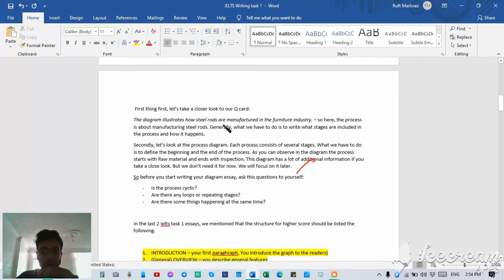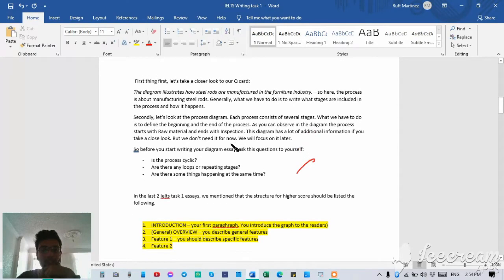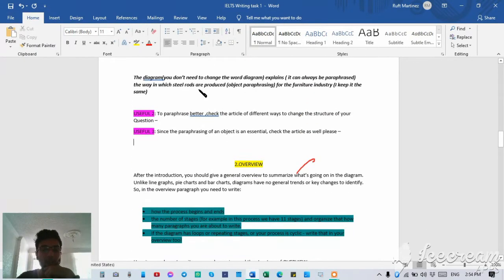It is an object, starting with a wh- question word. So that's how I changed it. I used the way in which steel roads are produced. You can change how to in which, or other options. That is the next lesson. I'm going to teach you this, and it's very, very important for paraphrasing your object.